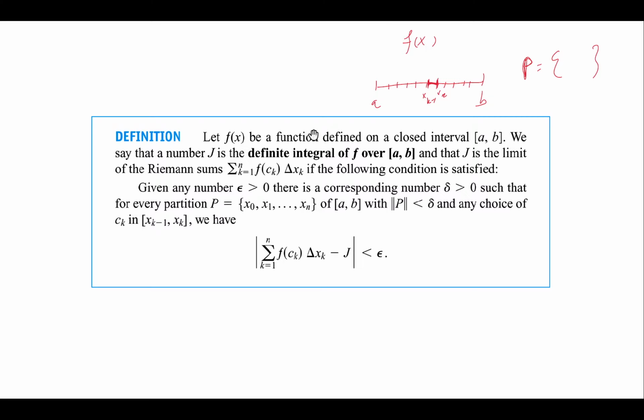Now the definite integral is actually this Riemann sum, and this is how we define it. As you can see here, given any positive number epsilon, there is a corresponding positive number delta, such that for every partition, no matter how you take this partition, so in this case, let's say x0, x1, up to xn minus 1, and this is xn.